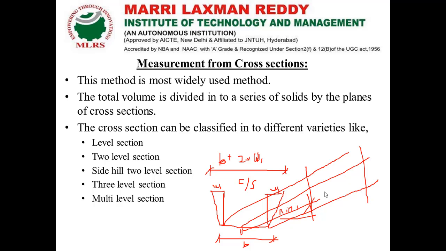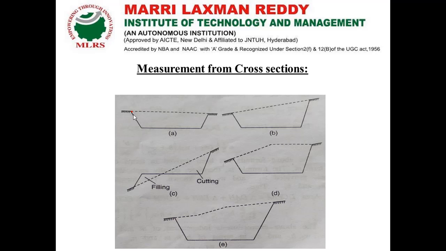So here the cross section can be classified into different varieties such as level sections. Level sections means the edges of the two ends are at the same level.